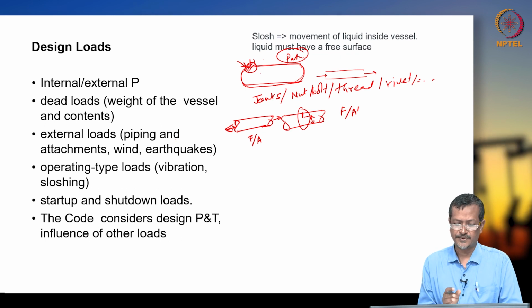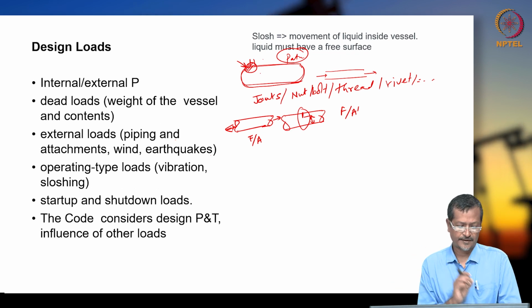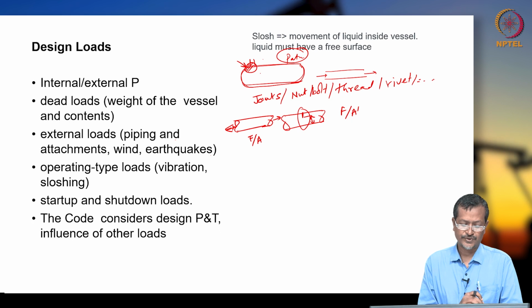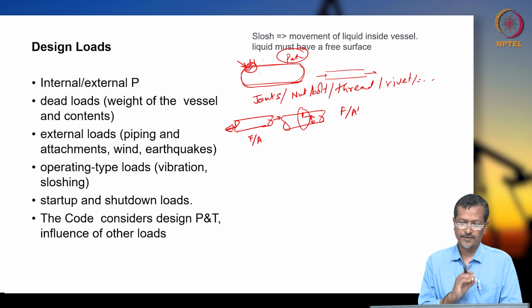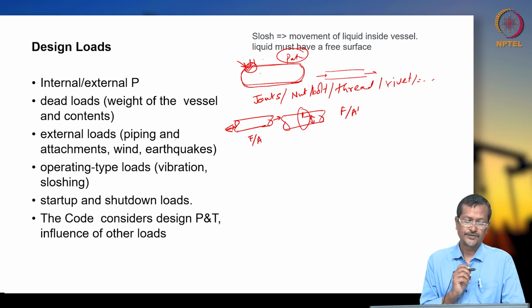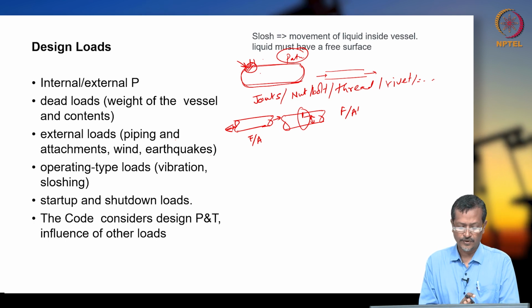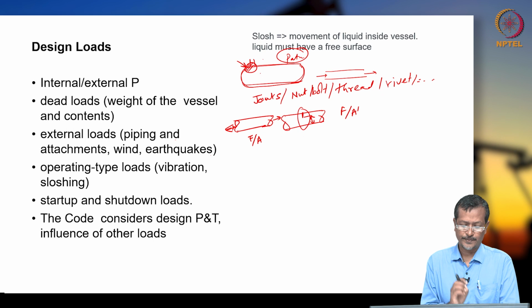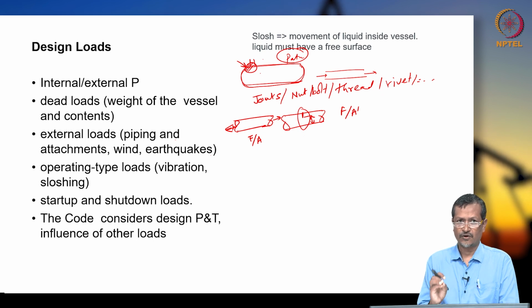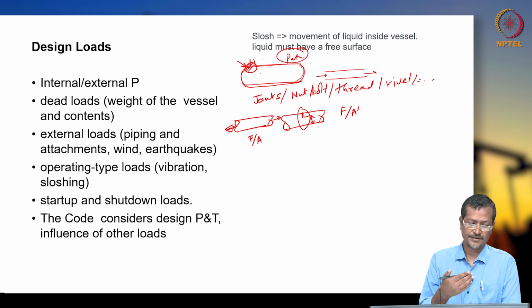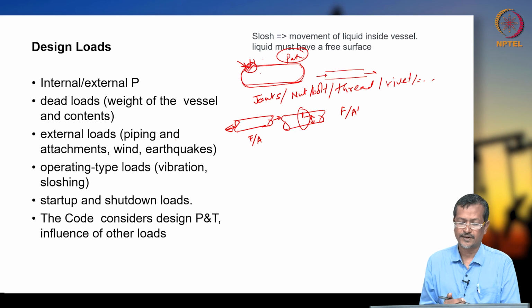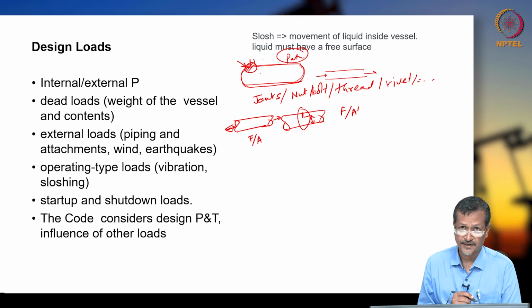So when vibration is coming, then again you have to consider another factor, the startup and shutdown load. Whenever you are using some code, let's say the ASME code or API code, those codes will consider pressure, temperature, and all other factors, and maybe some more factors will come based on your specific design criteria.